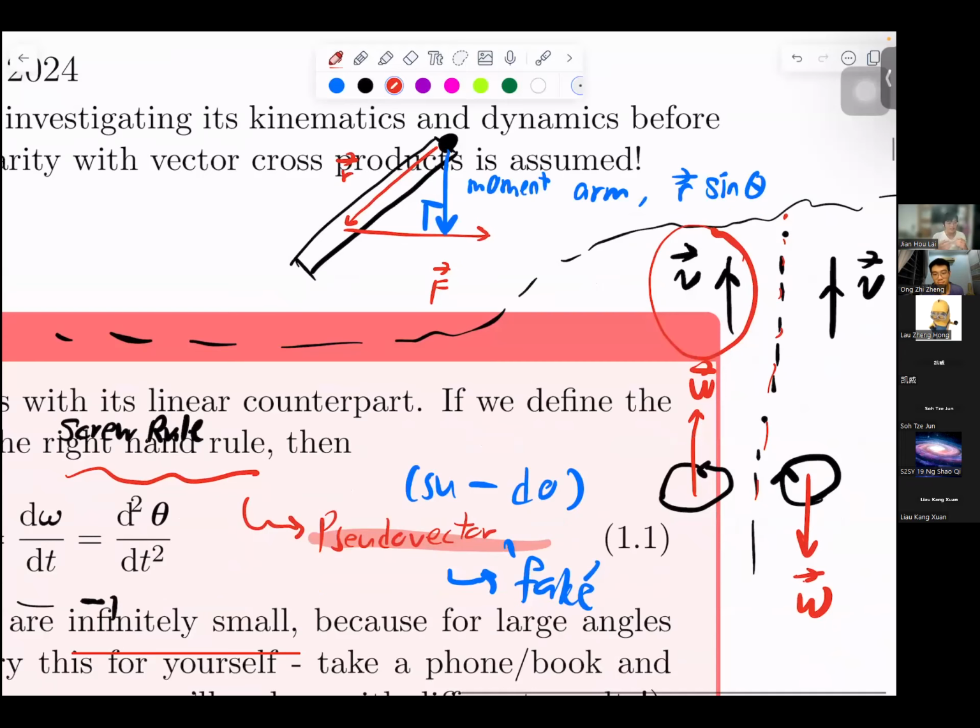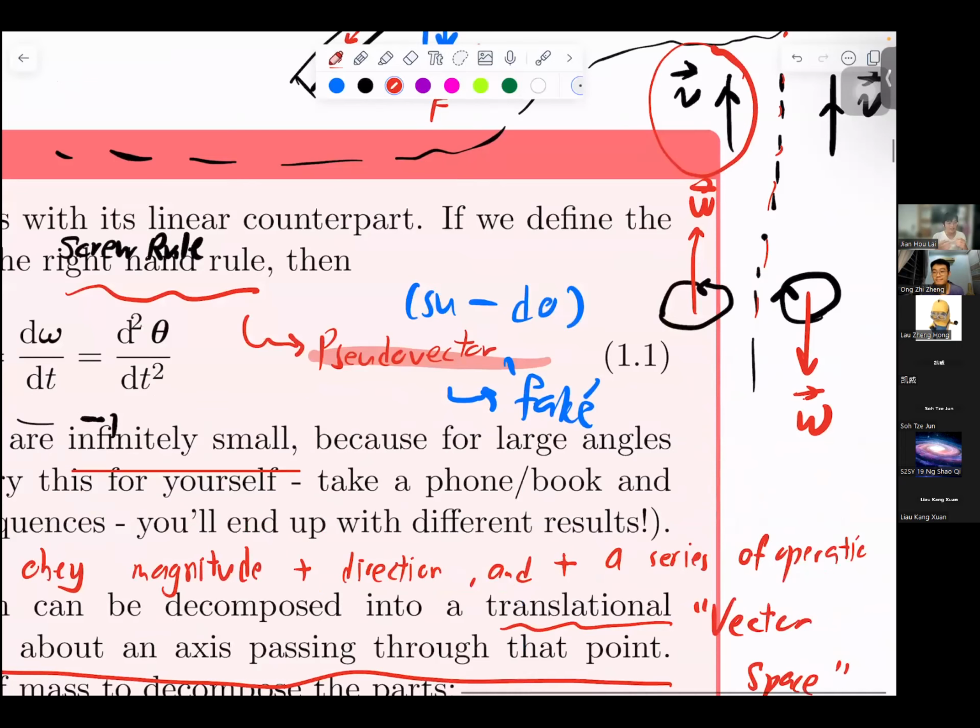Let's say you have a rotation about an axis, and the angular velocity points toward the upper direction; using your right-hand grip rule you can find the direction of the omega. When you undergo a reflection transformation, you find that your vector changes into the opposite direction.